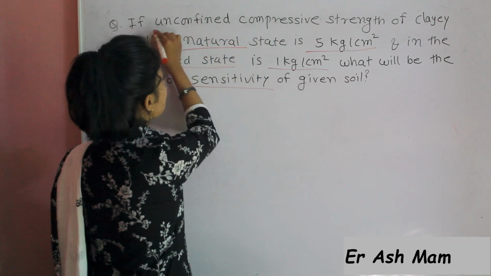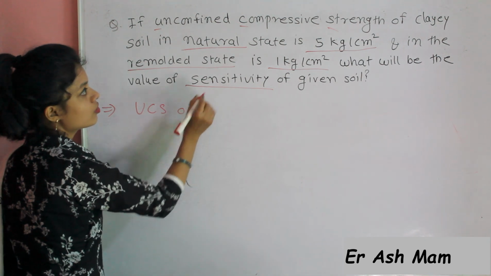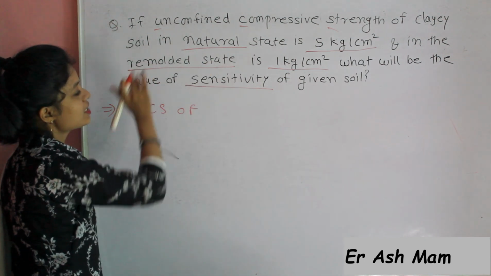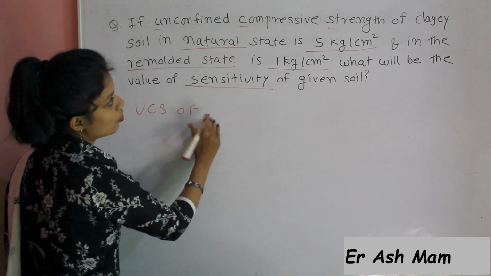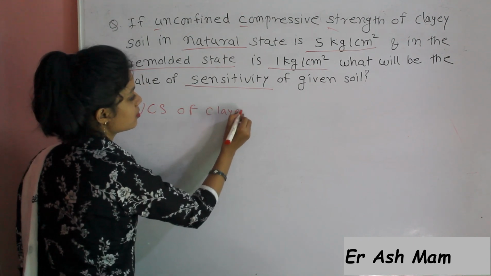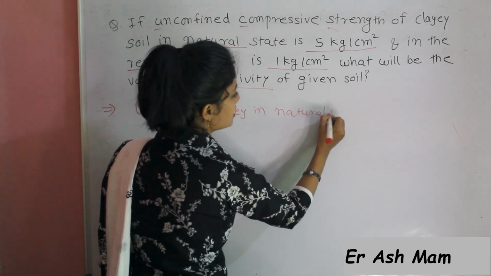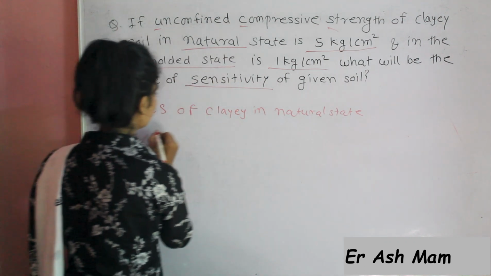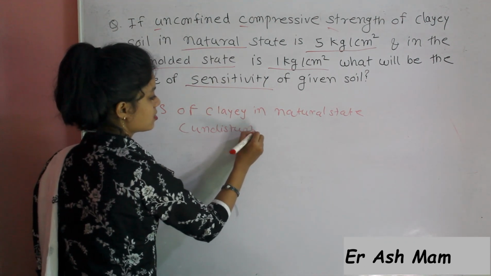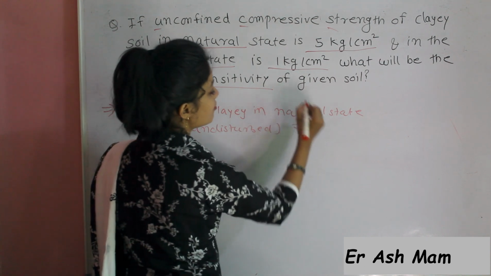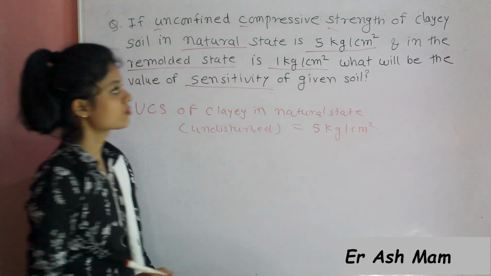Unconfined compressive strength, UCS, of clay soil in natural state, that is undisturbed state, equal to 5 kg per centimeter square.